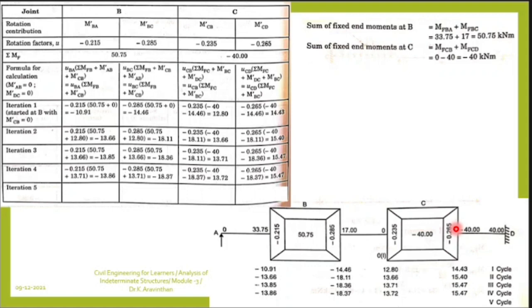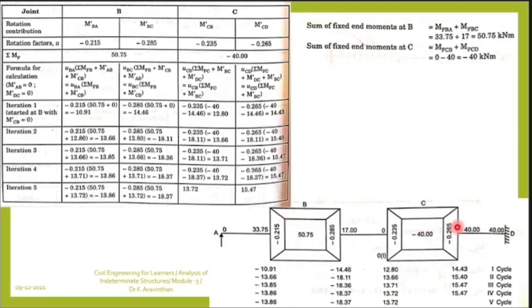Next iteration is over. Finally, the last iteration, 50.75 plus 13.72 into 0.215 minus 13.86. Yes, who's trying next? Second column, third column, fourth column.